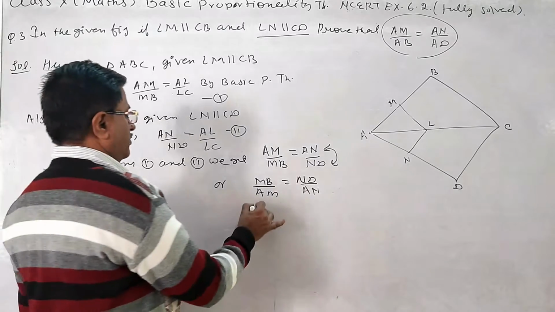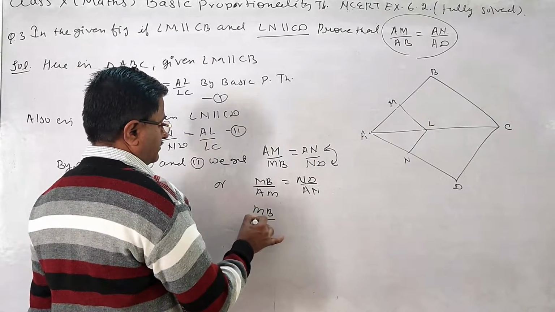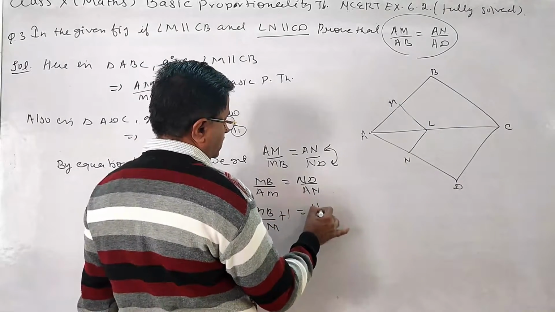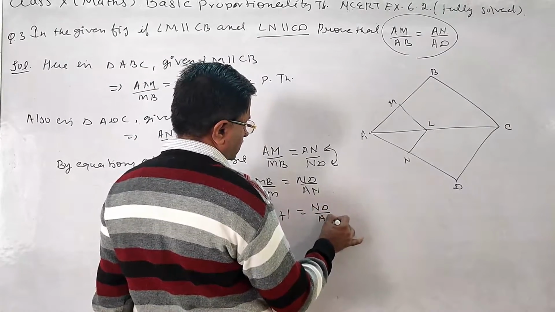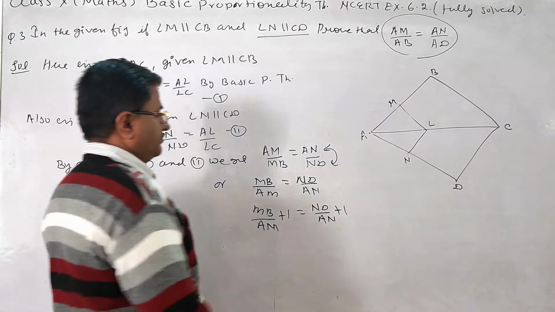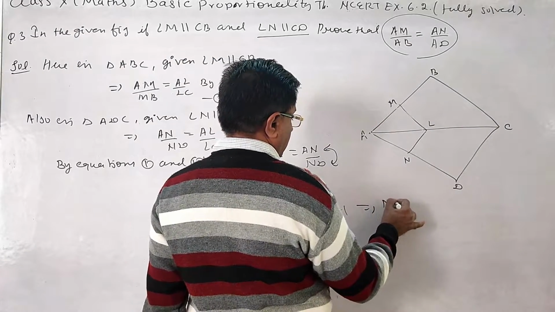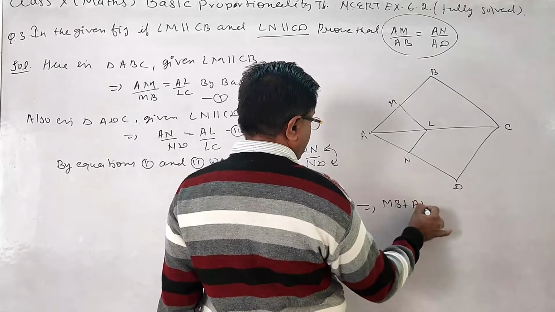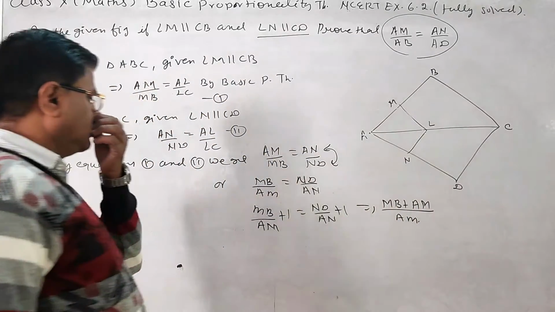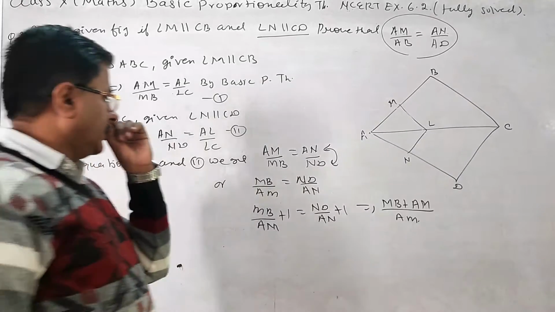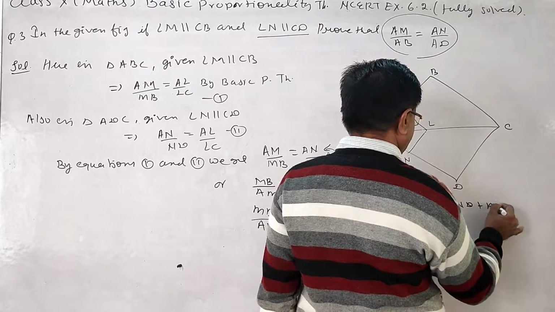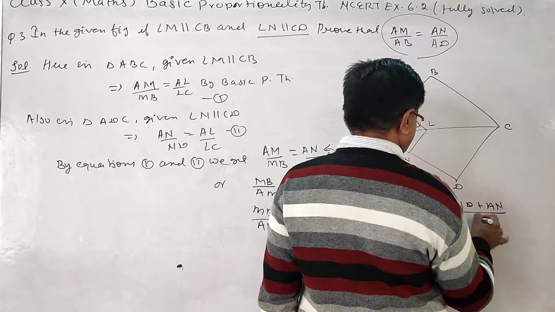Now we add 1 on both sides. Adding 1 on both sides, there is no change in the ratio. So what will this be? MB plus AM in the left side, taking the LCM, over AM. And on the right hand side also we take the LCM, so ND plus AM upon AM.